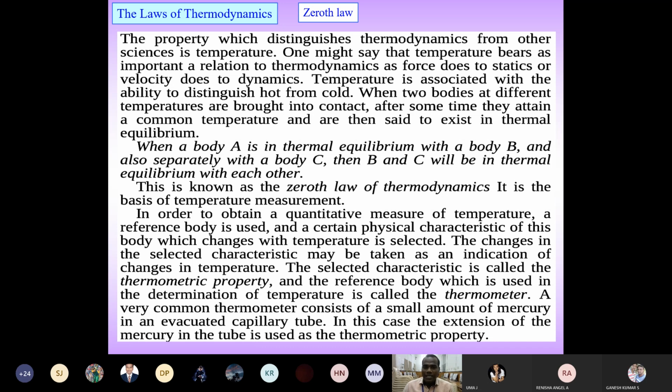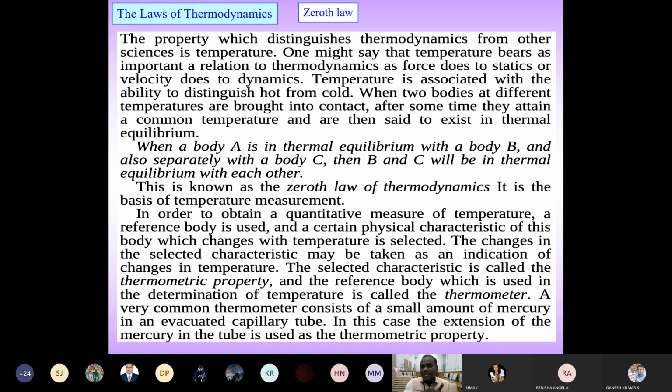So this is the zeroth law of thermodynamics. I am repeating: when a body A is in thermal equilibrium with body B, these two are in thermal equilibrium, and separately with body C, we have another body C in contact with body A.